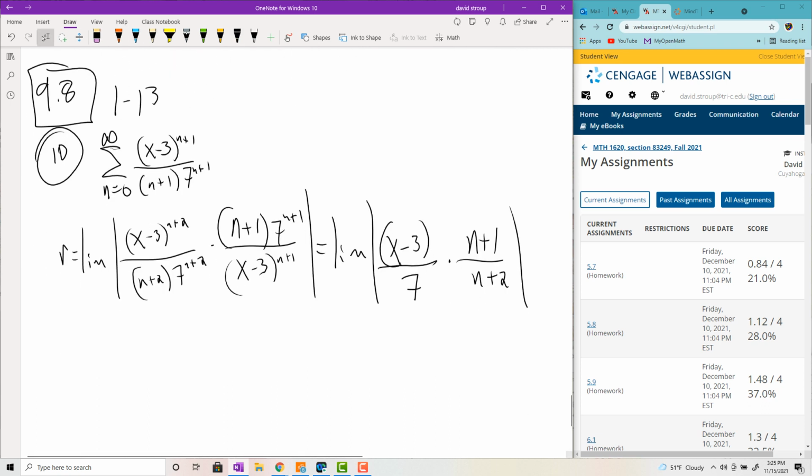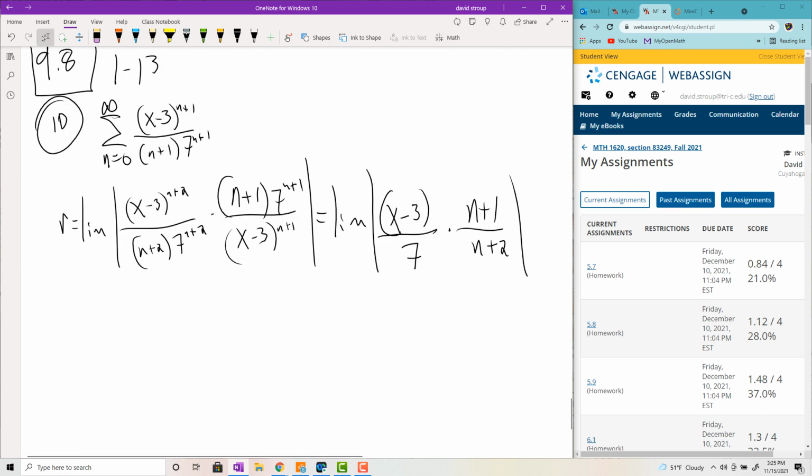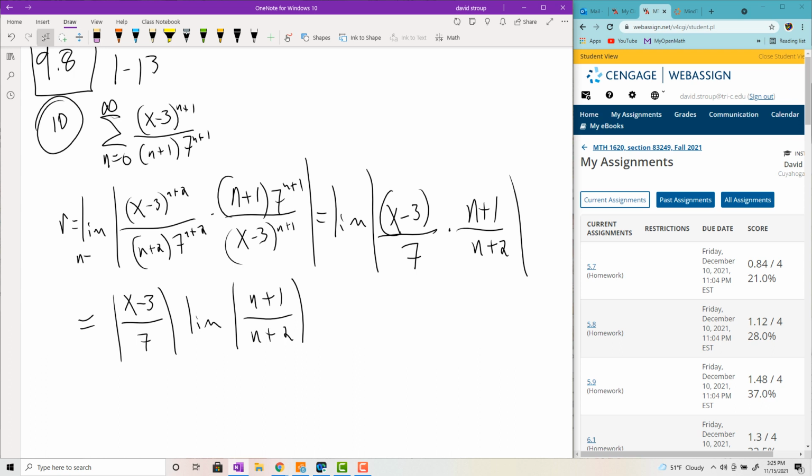You can factor out that first factor, x minus 3 over 7, outside of the limit because it's not dependent on n. And then you have n plus 1 over n plus 2. Remember, the limits in this chapter are always n goes to infinity. The limit of n plus 1 over n plus 2 is 1. So you're just going to end up with x minus 3 over 7.